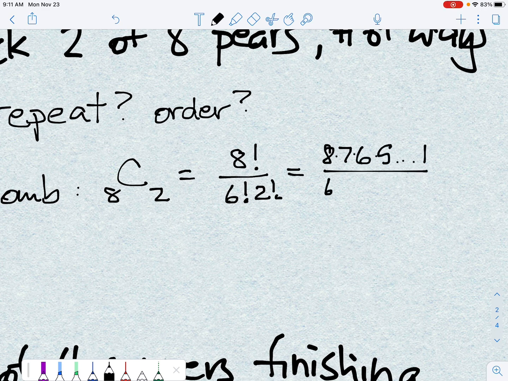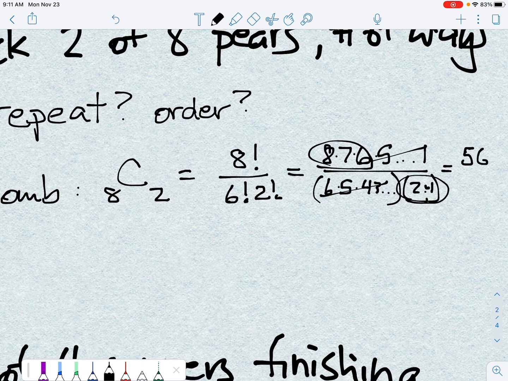This means 6 times 5 times 4 times 3, all the way down to 1, times 2 times 1. So again, that cancels all of that. And so you got 8 times 7 over 2. So 56 divided by 2. Answer 28.